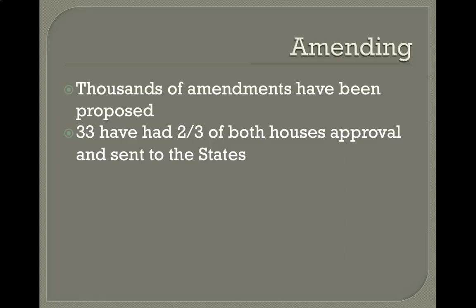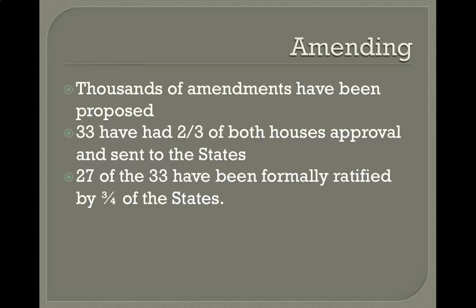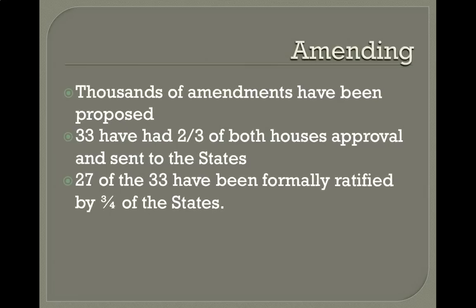So thousands have been proposed. 33 have had the required 2/3 votes of both houses, and we're going to send those to the states. And of those 33 amendments, 27 of them have actually been ratified by 3/4 of the states, and that gives us our 27 amendments that we have today.